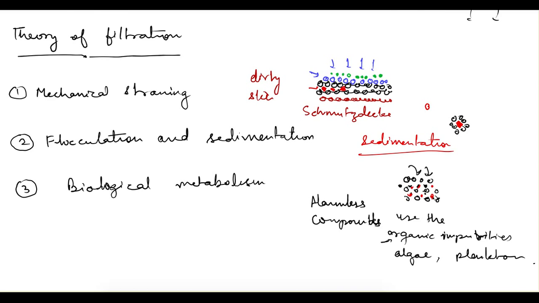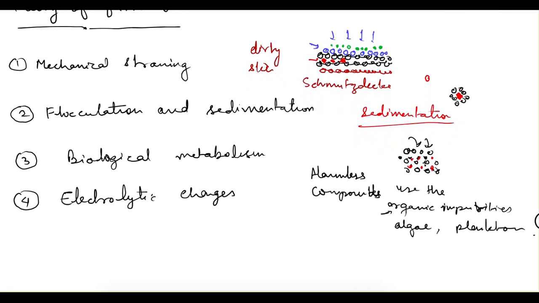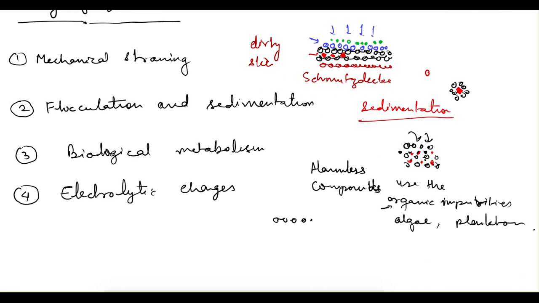This is another process. After that, one more process that takes place is electrolytic charges. What happens in this process? The sand grains of this filter bed have a different electric charge, and the impurities in water have a different electric charge.